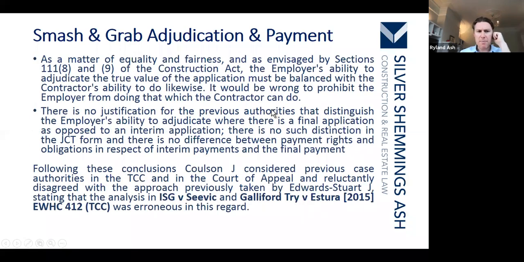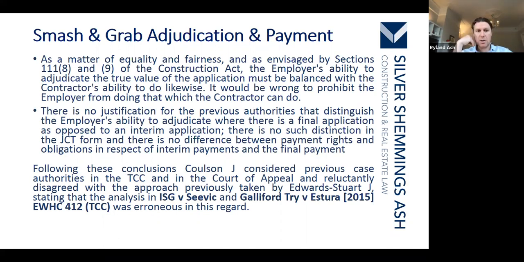He thought that as a matter of equality and fairness, the ability to adjudicate the true value must be balanced with the entitlement of the contractor to do likewise. And it would be wrong to prohibit the employer from doing what the contractor can do. And there's no justification for the previous authorities that distinguish the employer's ability to adjudicate a final application as opposed to an interim application.